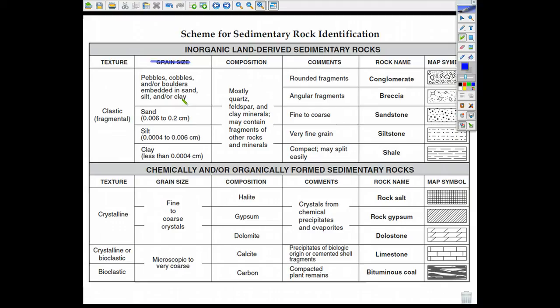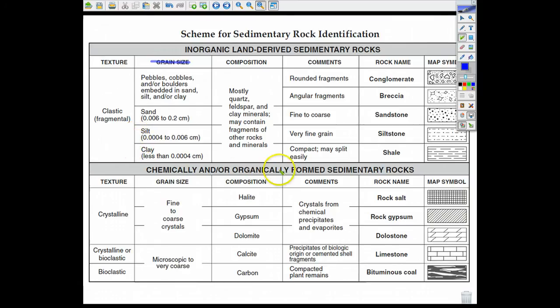Think about your sidewalks, what they look like. That would be an example of what it would look like. That's not actual sedimentary rock, that's fabricated rock. Could be sand, silt, and clay. As we move down, the particles become smaller here, kind of like moving away from a river where it enters a large body of water.